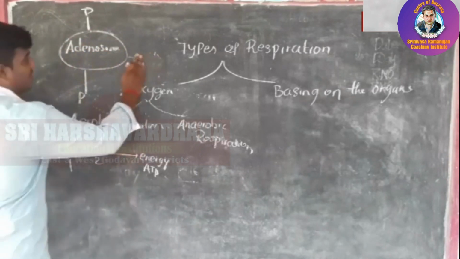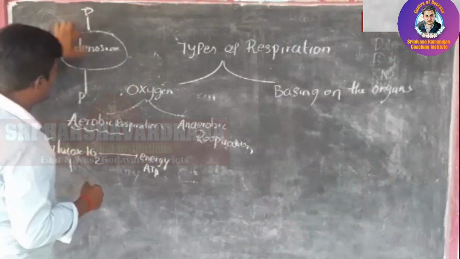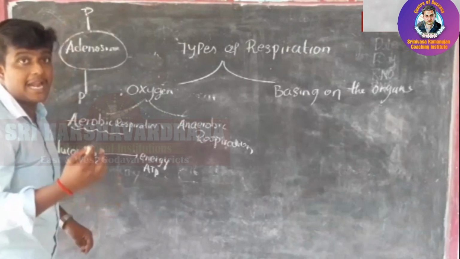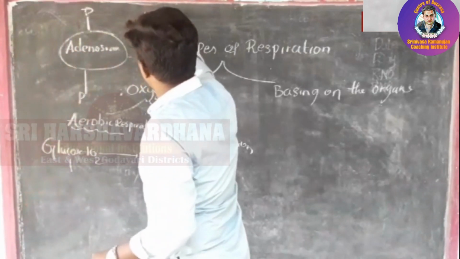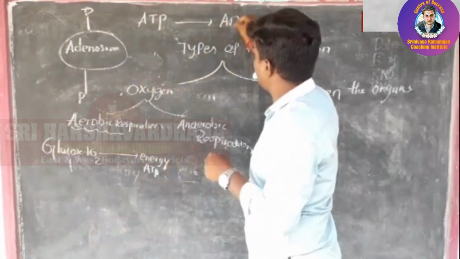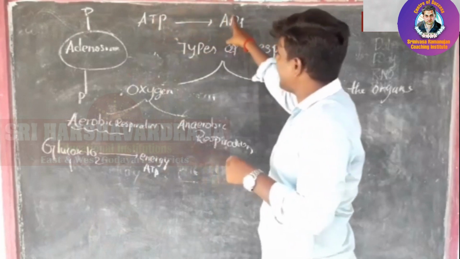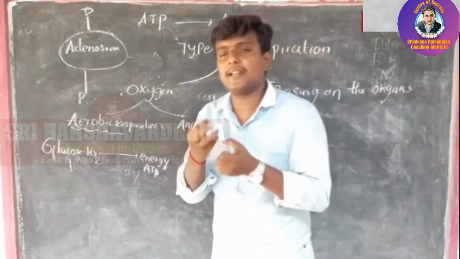If one phosphate is lost, two phosphate molecules remain, and then we call it ADP. When ATP is converted into ADP, it liberates energy.